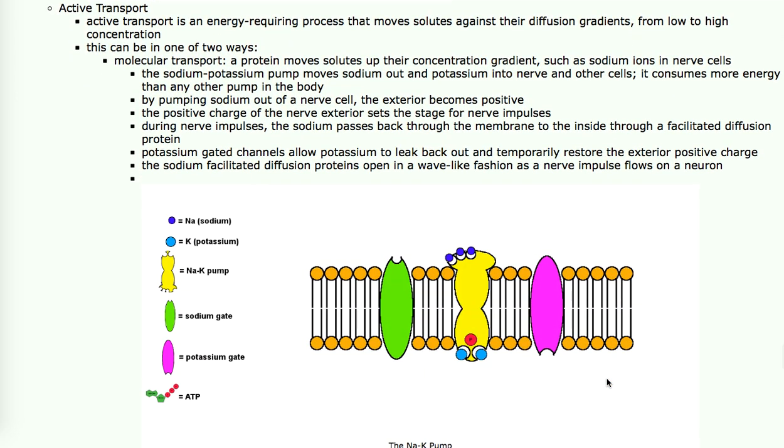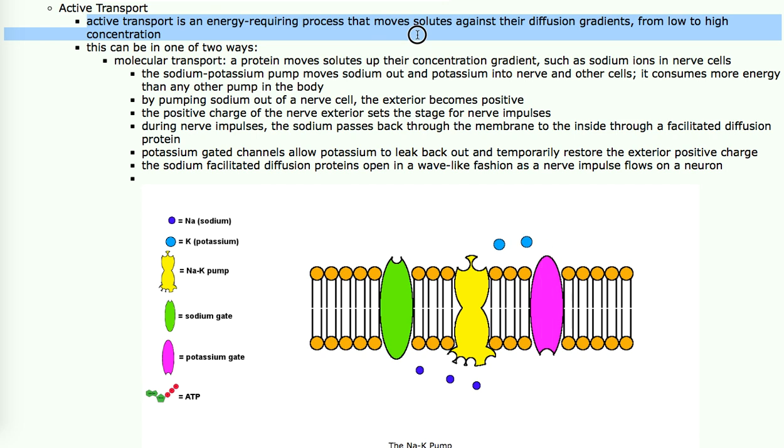There's also active transport. And the difference here is active transport is actually a pump. It's like a fan. Unlike a door, which doesn't actually force things to move, a fan does. Active transport is an energy-requiring process that moves solutes from one place to another against their diffusion gradients. Instead of from high to low, it moves them from low to high.